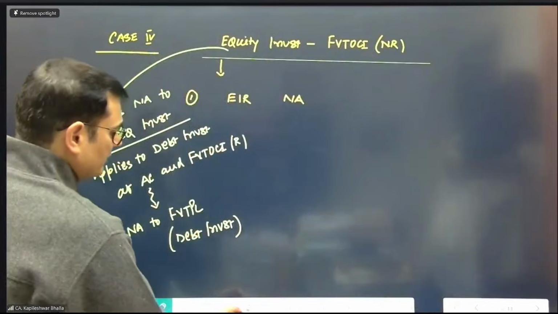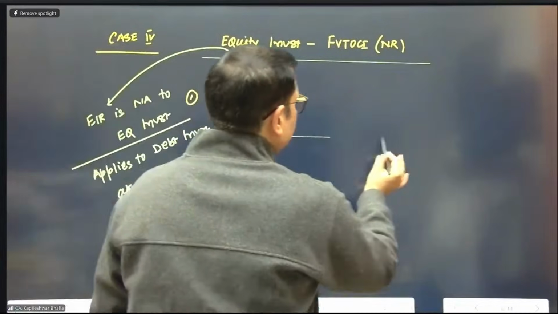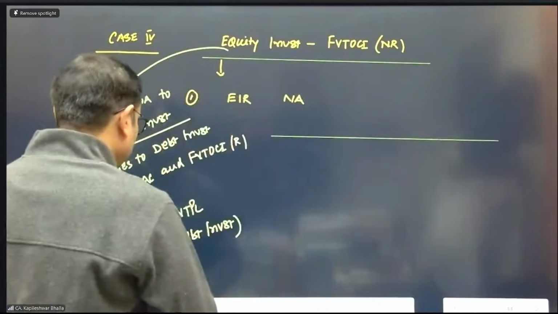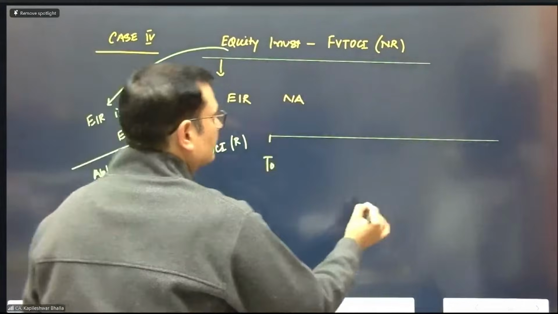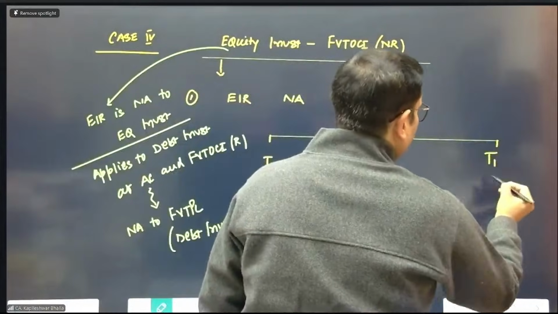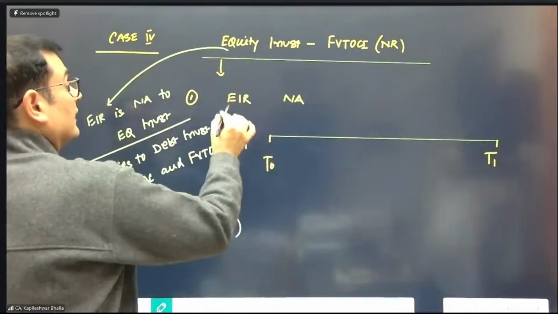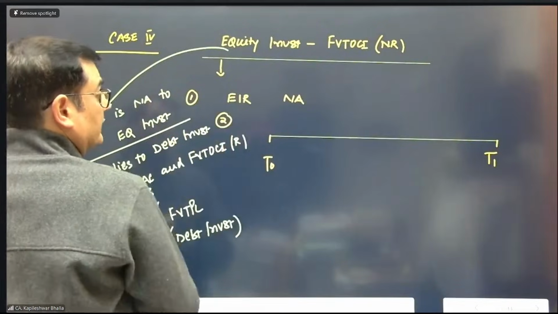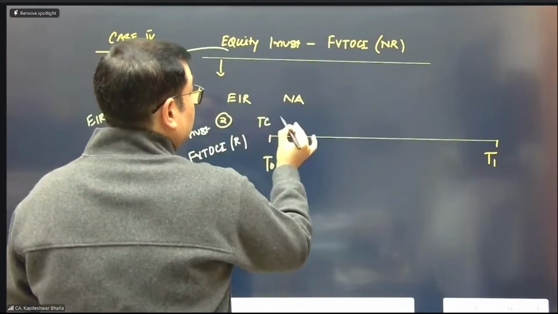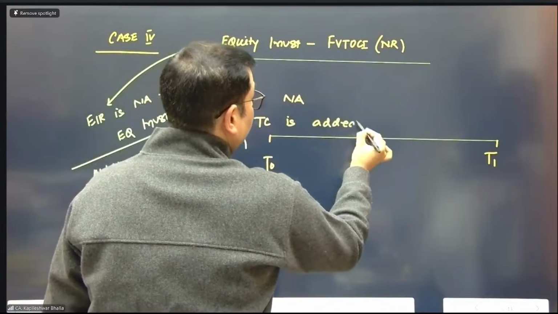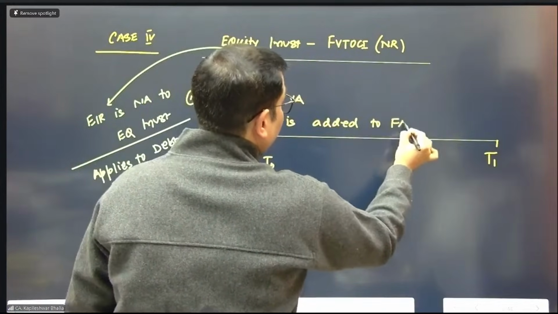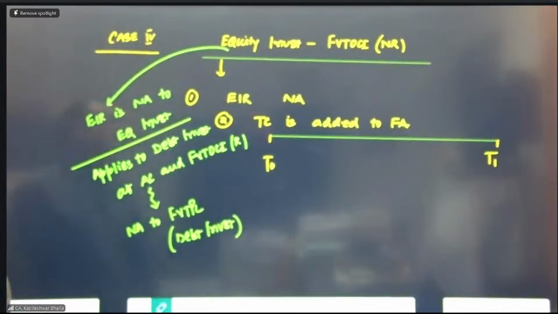Now, just to be on a very clear-cut category, let's take a timeline to understand the accounting in this case. T0, and this is T1 at the end of first year. And let me also give you the second point. TC is added to the financial asset in this case.